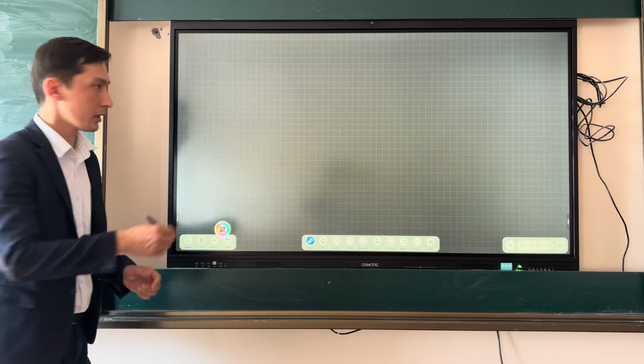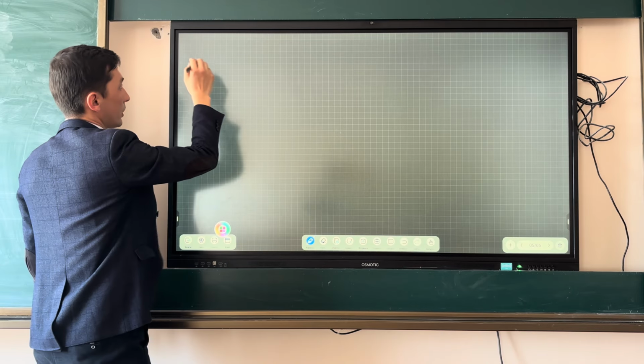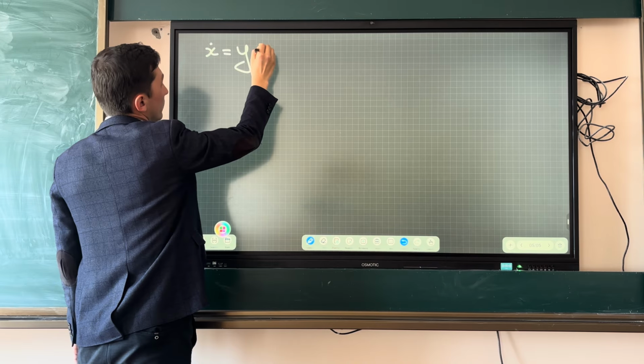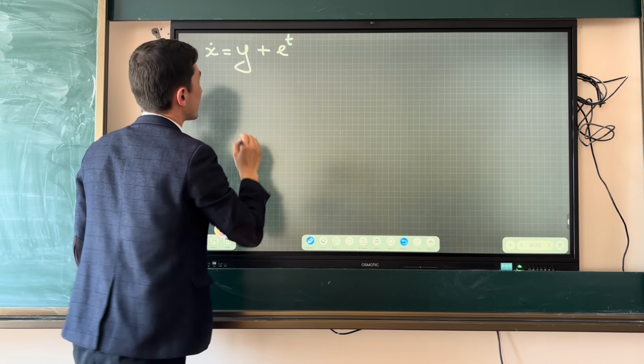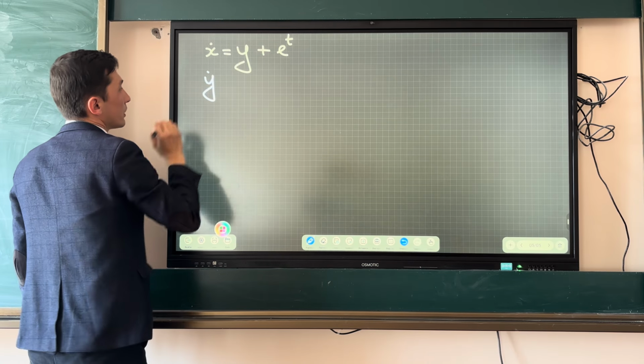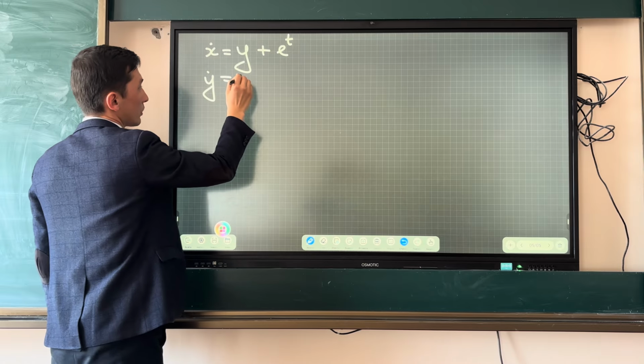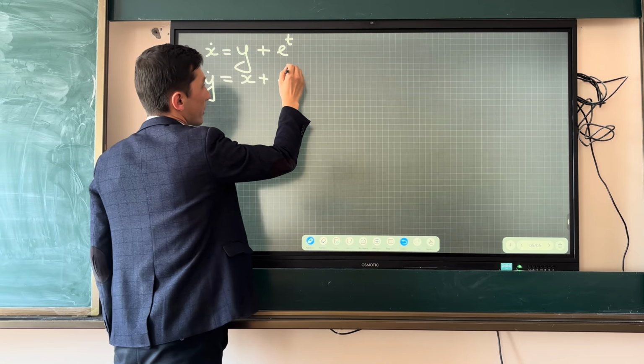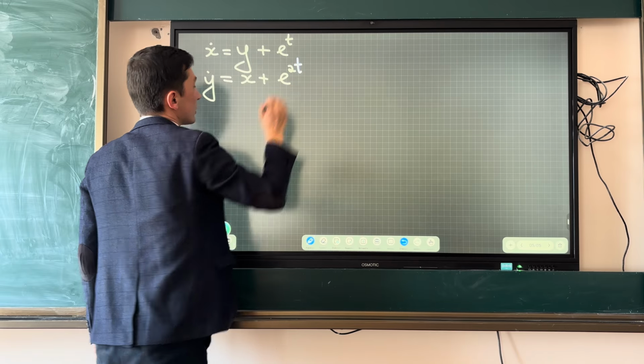Let's look at an example. x prime equals y plus e to the power of t, y prime equals x plus e to the power of 2t.